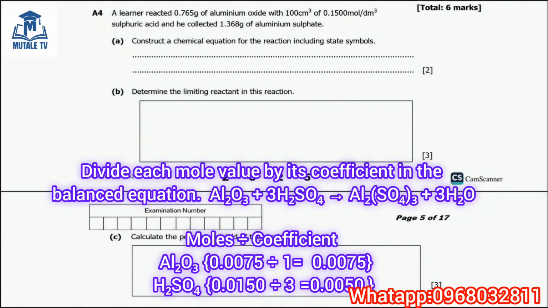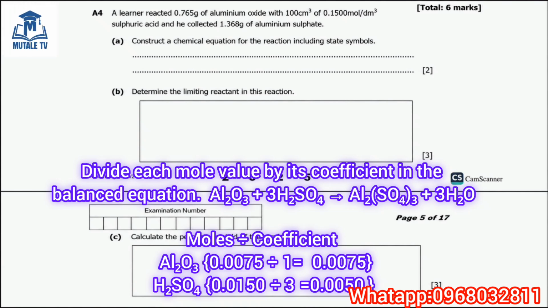So in this case, for aluminum oxide, what is the coefficient from the balanced equation? We know that it is 1. So we're going to divide the moles of aluminum oxide by 1. Why? Because the coefficient of aluminum oxide in the equation is 1. We'll do the same thing for sulfuric acid.